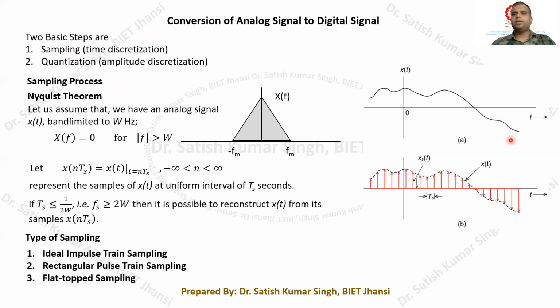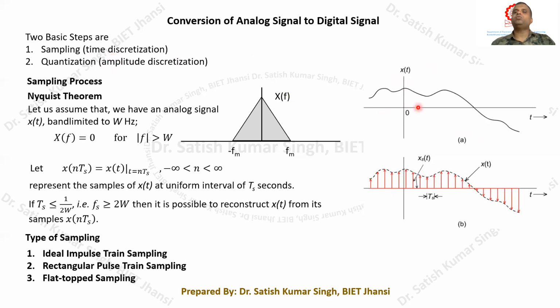Then we have to talk about the maximum bandwidth, or the maximum frequency component, that this arbitrary signal x(t) has. First of all, what is sampling? Sampling is referred to as time discretization. So how do we do this time discretization?